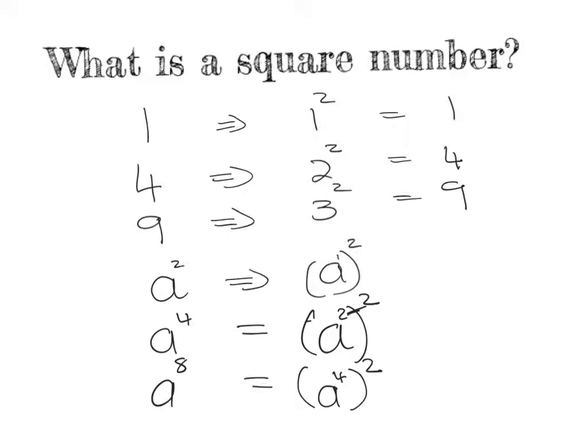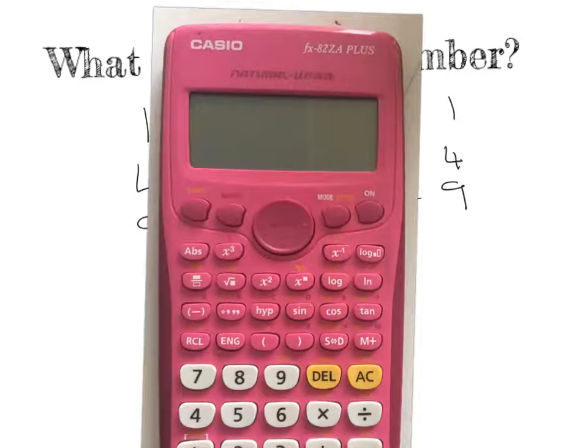If you don't know if a number is a square number, if you can't do it in your head, you can use your calculator and you'll do it as follows. Let's say you want to know if 81 is a square number. What you do is you put in your calculator this button here, and you put 81 in and you press equal.